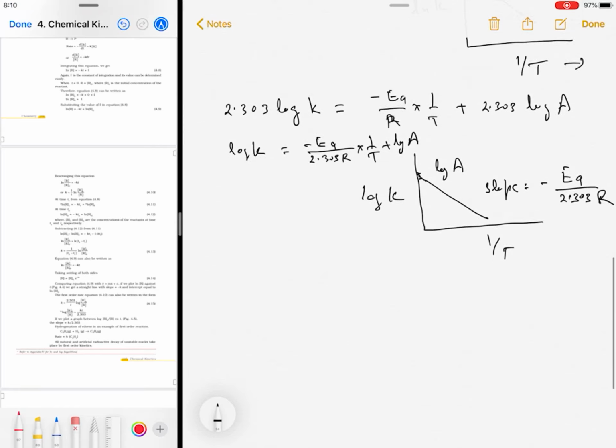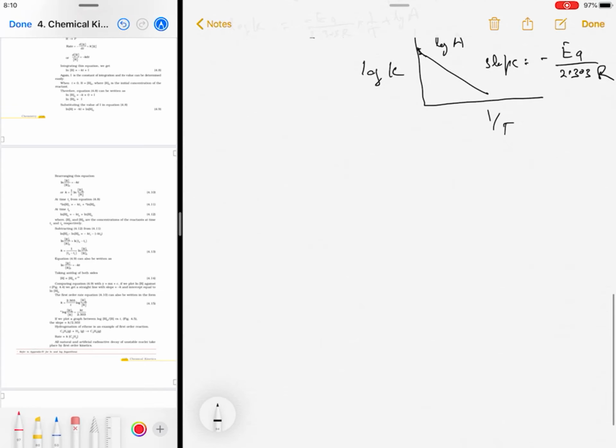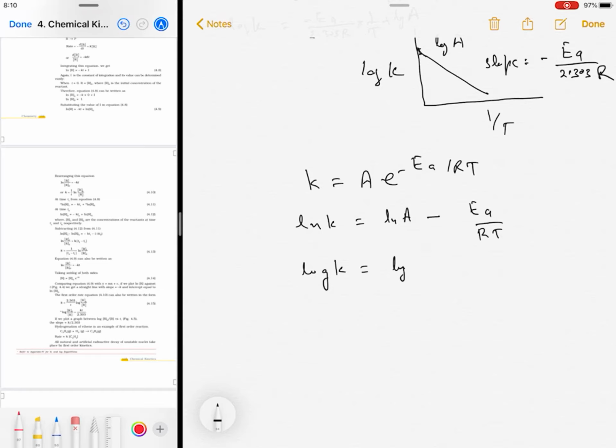These are different forms of the equation we have written. First was K is equal to A e to the power minus Ea upon RT. Then we have written it like natural log of K is equal to natural log of A minus Ea upon RT, and then in base 10, log K is equal to log of A minus Ea upon 2.303 RT.